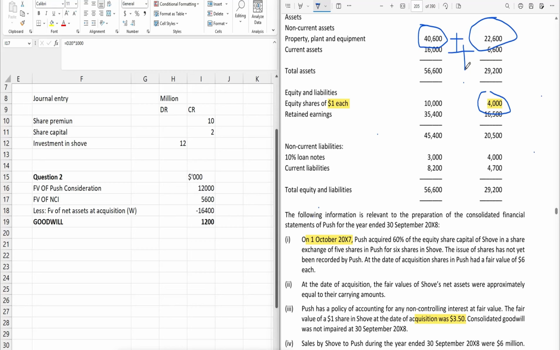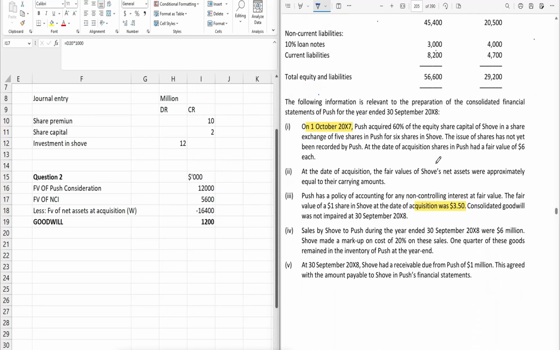Because we need to make an adjustment for the PUP. Intra-group trading between these two companies means we are just transferring profit from one hand to the other hand, so it has not been sold out. If the goods sold between these two parties have been sold to a customer outside the organization, in that case there will be no adjustment for the PUP. But if the goods have not been sold out, in that case we need to adjust for the PUP. So we need to check whether there is intra-group trading between the companies or not.